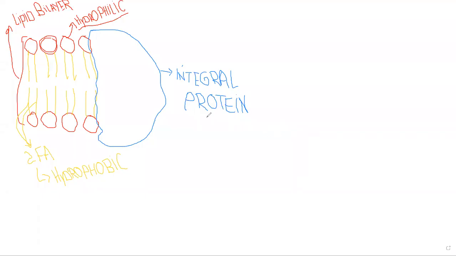Today, our topic of discussion is the functional and structural organization of the cell membrane. The cell membrane is basically composed of two things.